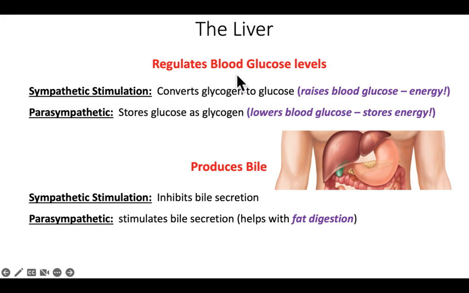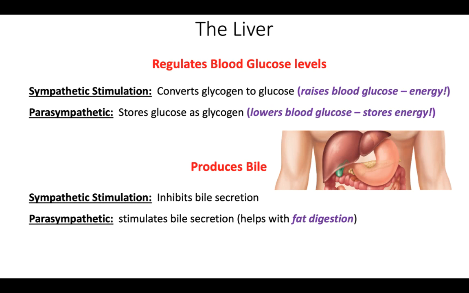It's a stored form of glucose, converts it to glucose, which can then raise blood sugar. If there's insulin, we're going to take glucose out of the blood and store it as glycogen, and that'll lower blood sugar. So the liver is a target of those two hormones we just talked about that are produced by your pancreas.